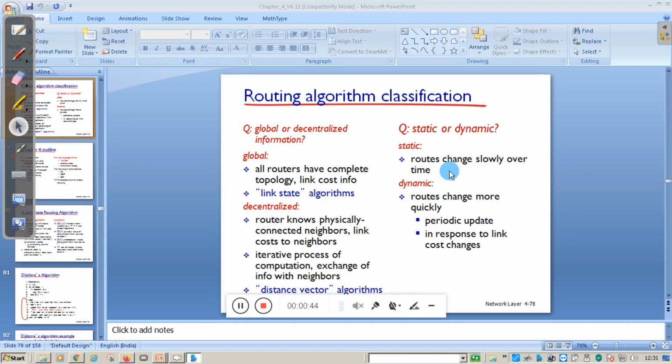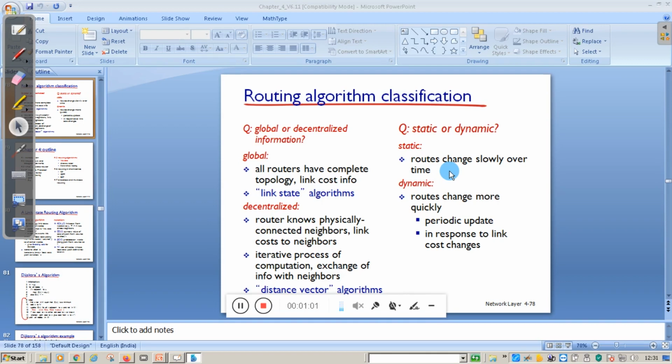On the other hand, in a dynamic routing algorithm, any change in the network because of topology or other changes will immediately result in a routing table update.